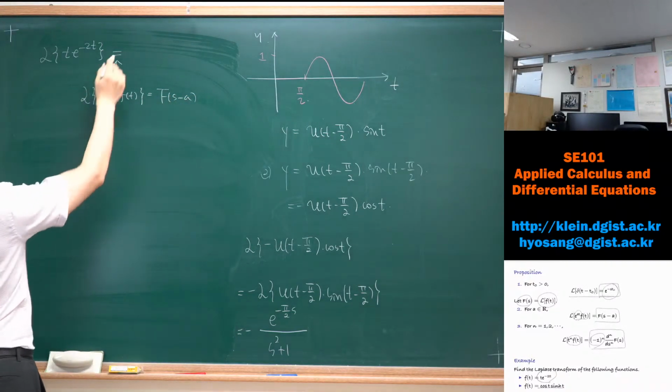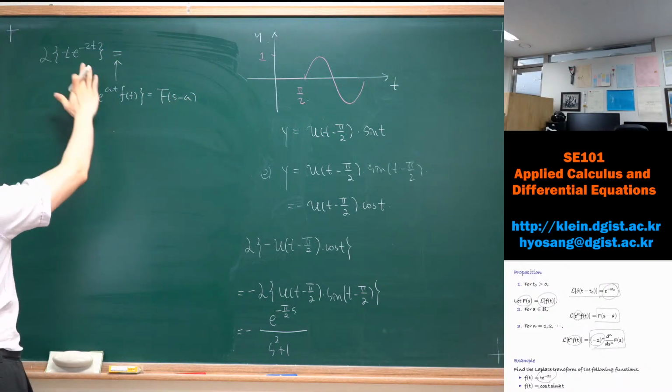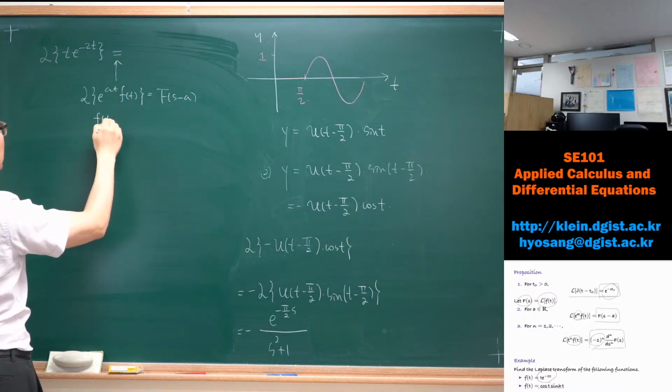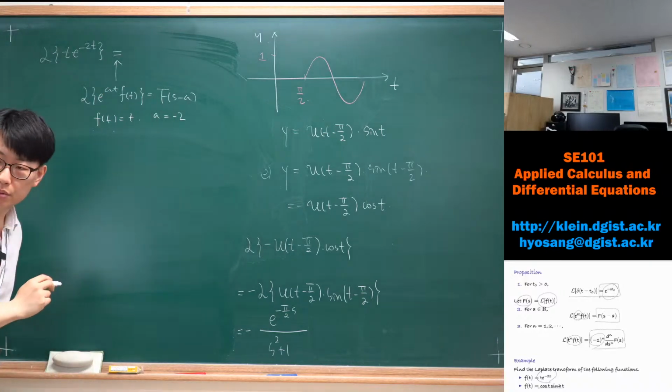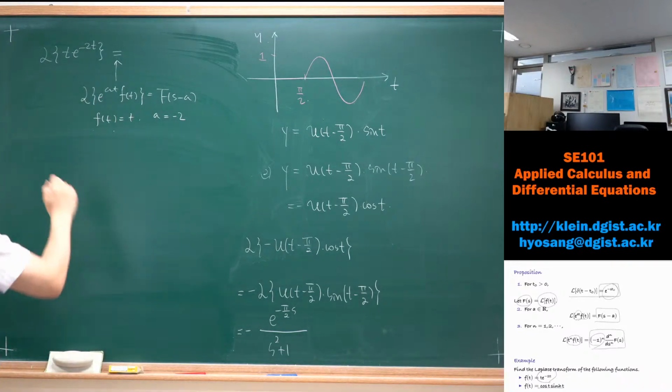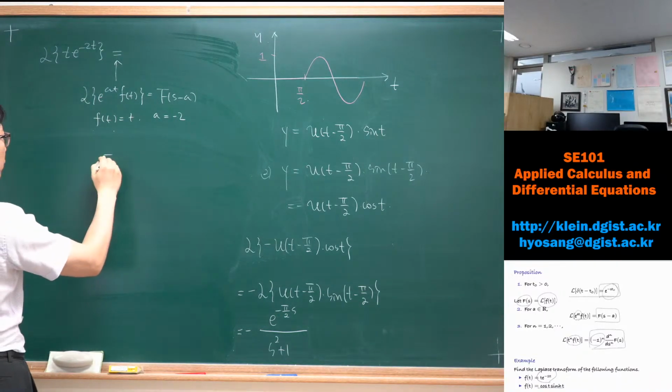If I use this formula, then my f of t becomes t and a becomes minus 2.